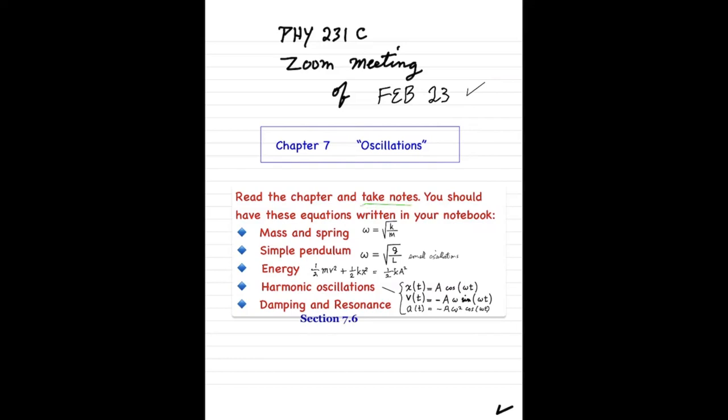Here are some of the equations that you have written in your notebook from reading the chapter. A mass on a spring will have two parameters. So you have say a mass here and a spring attached to the wall.